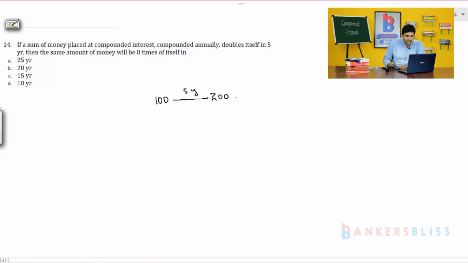Next, it has to become 8 times. So again double, 400, in 5 years. Again double, 800, in 5 years. So altogether 5 years plus 5 years plus 5 years, which is equal to 15 years.